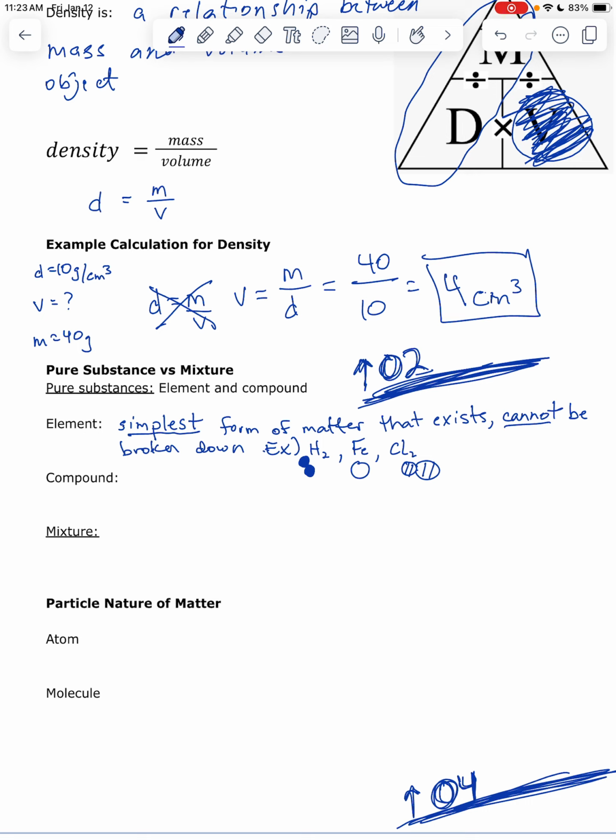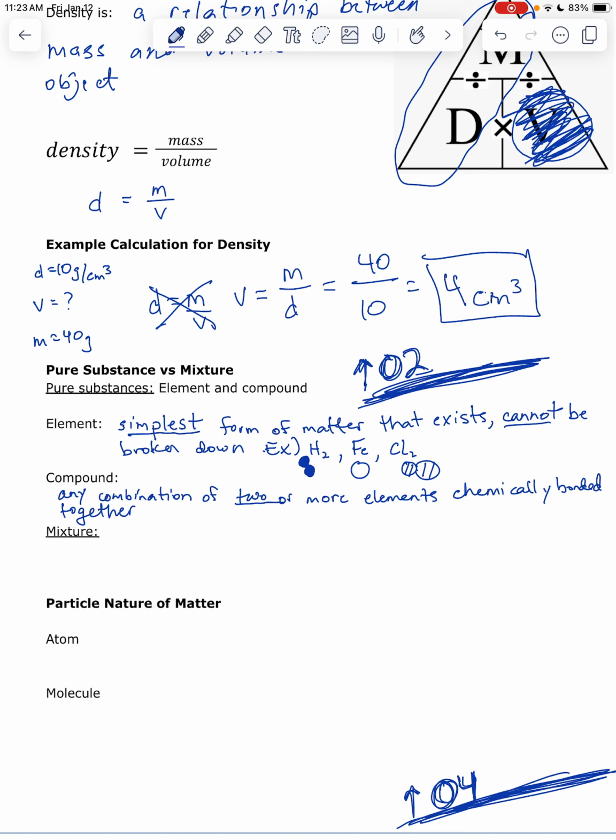Now, when we get to the compound down here, a compound is any combination of 2 or more elements chemically bonded together.